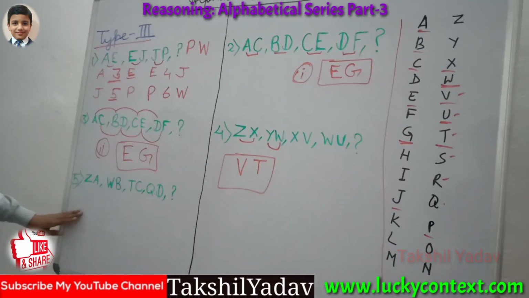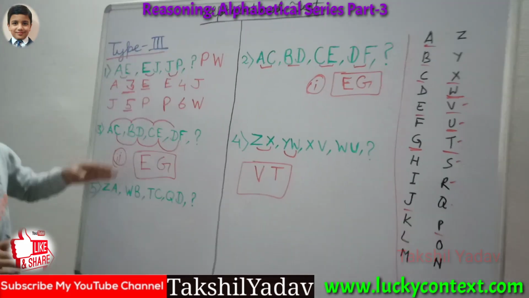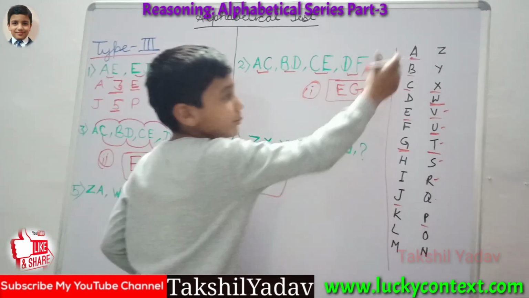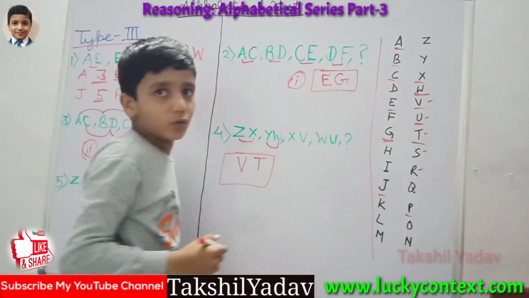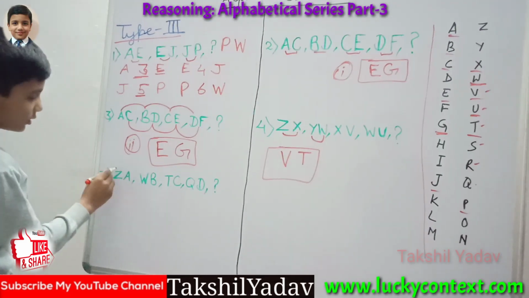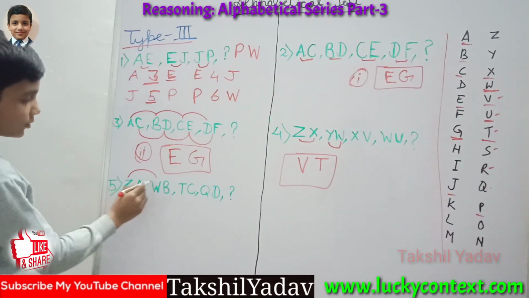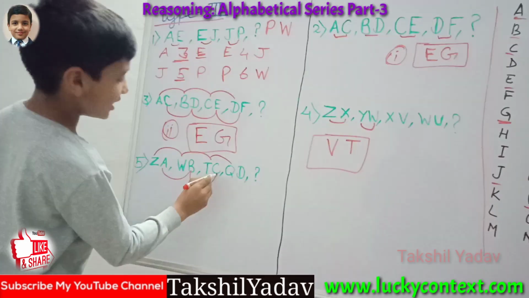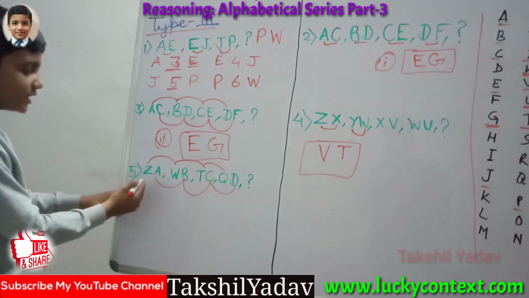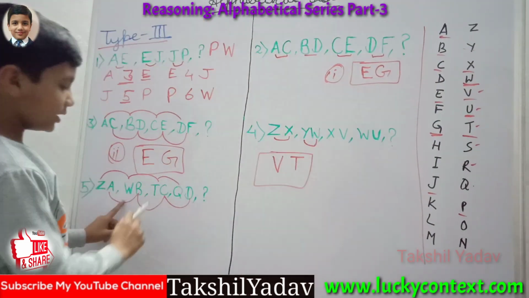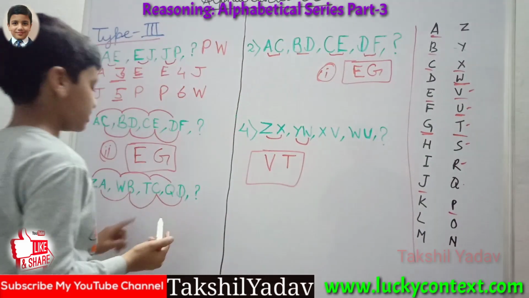Now comes the last question of type 3. In this type, we have letters that are going back and that are going forward, both in relationship. Here we have ZW, WT, TQ, and A, B, C and D. Here in ZW, we have a gap of 2 letters. In WT, we have a gap of 2 letters.